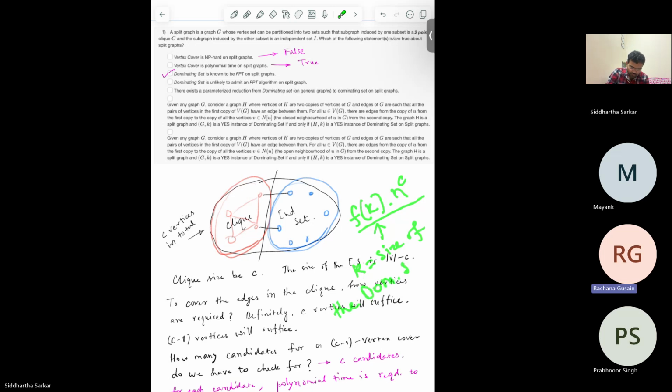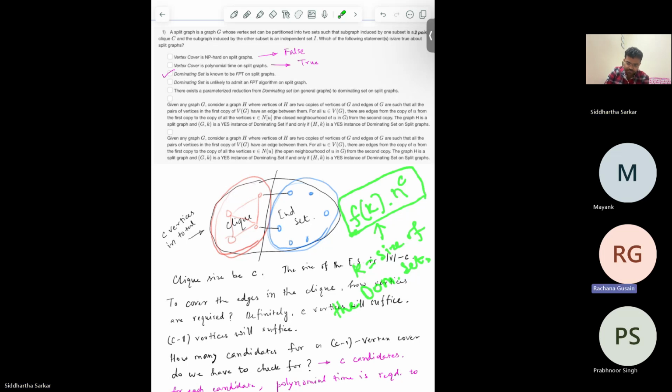And f of k is any function. It could be 2 to the power k. So such a running time is not expected. That means even if you are allowed to take 2 to the k times n to the constant time, then also you cannot find an exact minimum dominating set for general graphs.